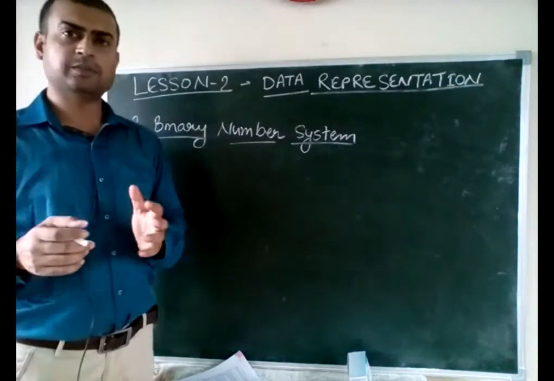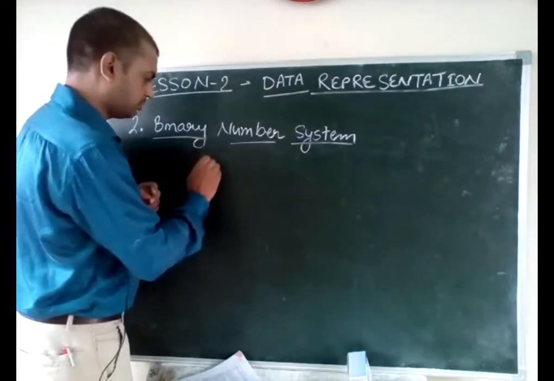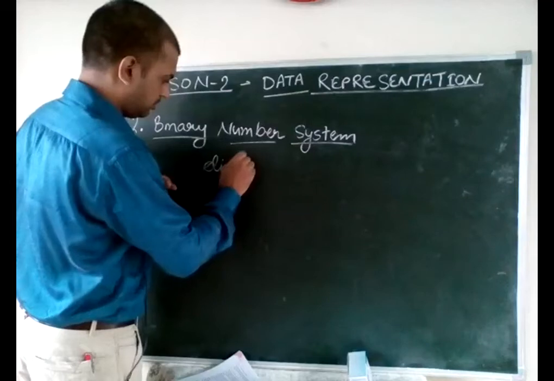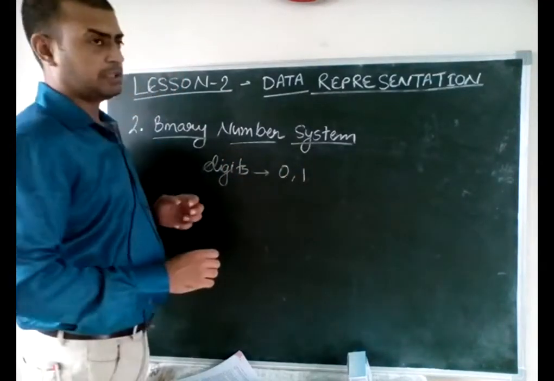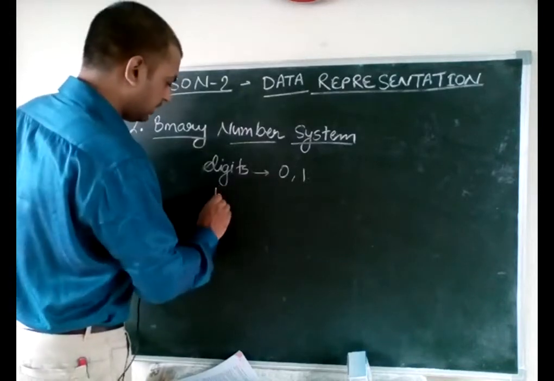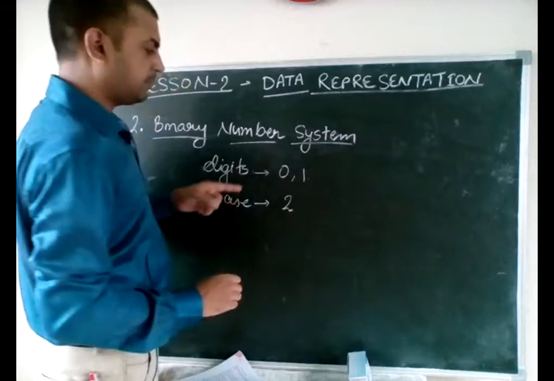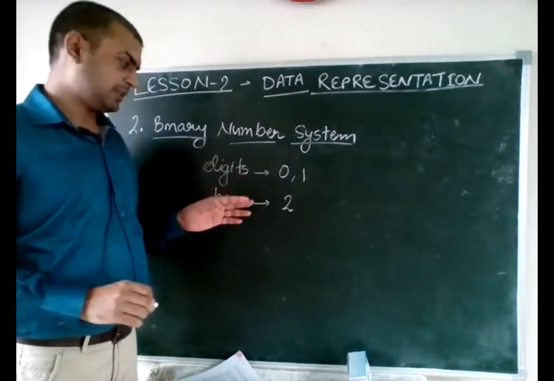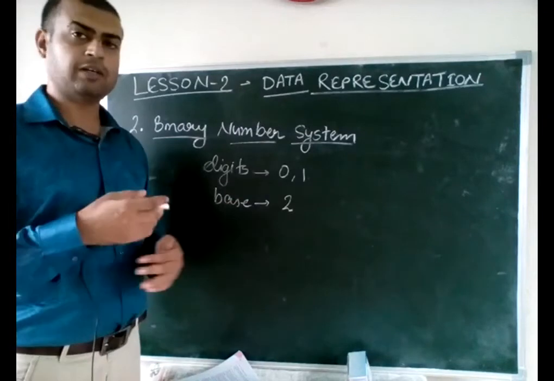Binary number system is having only two digits, 0 and 1. Only two digits are there, 0 and 1. If only two digits are there, then its base is 2. Now in this number system, we will use the base 2 while conversion, while evaluating.